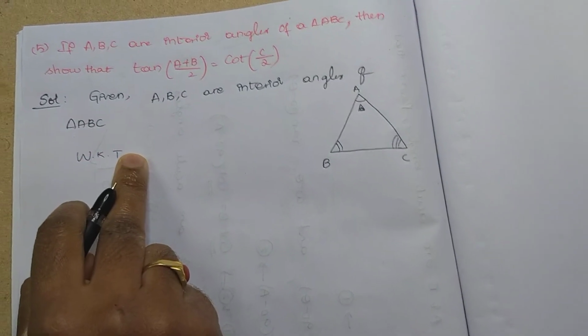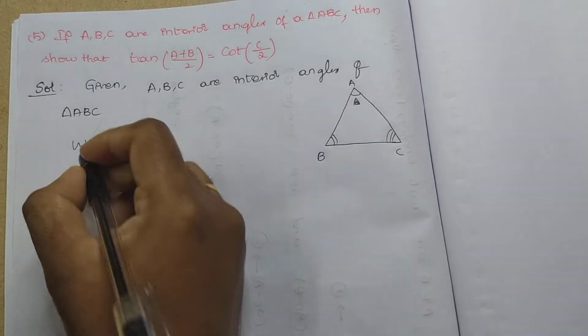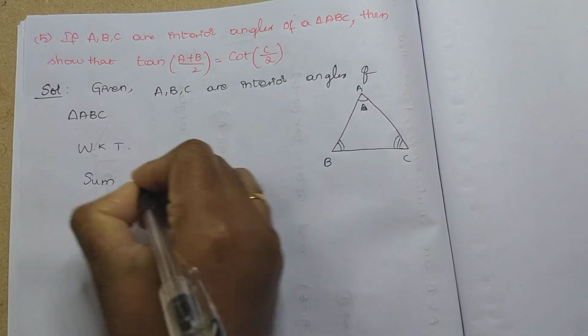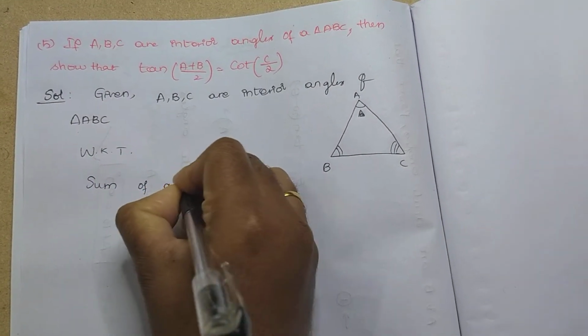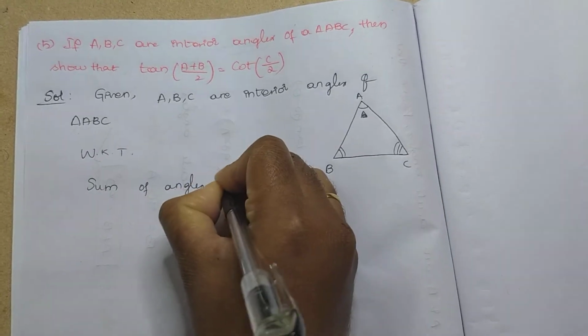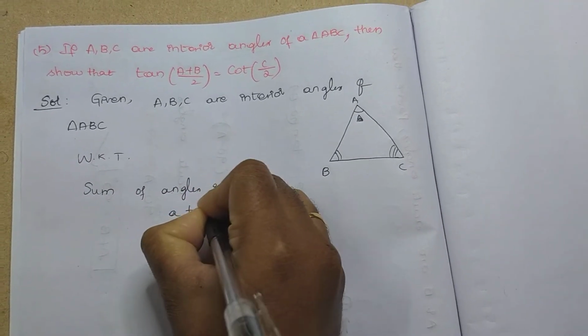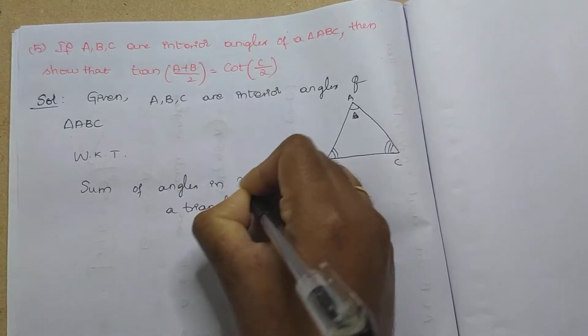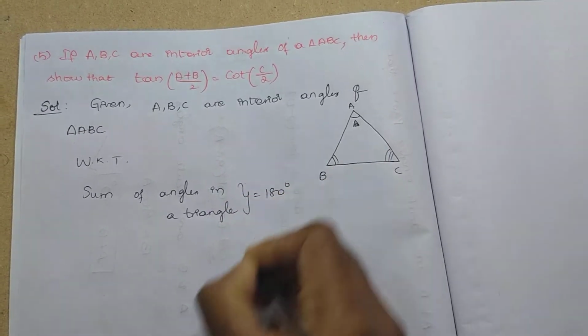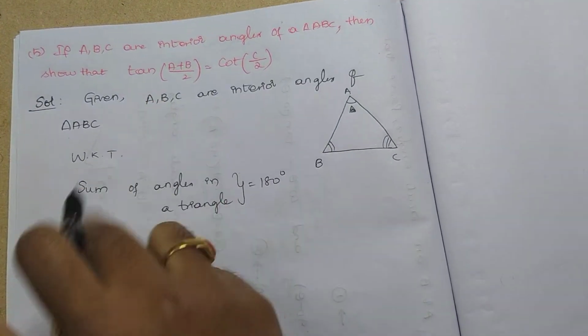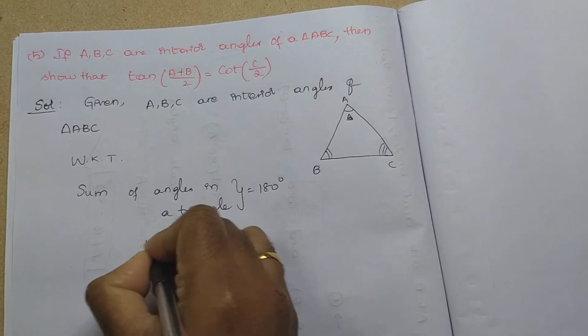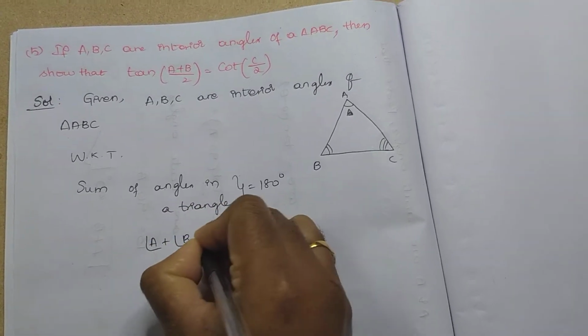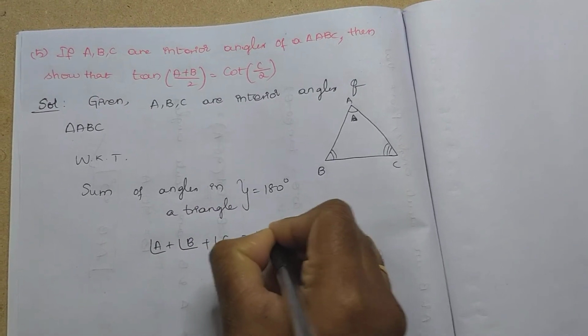For explanation I am writing it like this. We know that sum of angles in a triangle equals 180 degrees. What are the angles here? It's angle A plus angle B plus angle C equals 180 degrees.